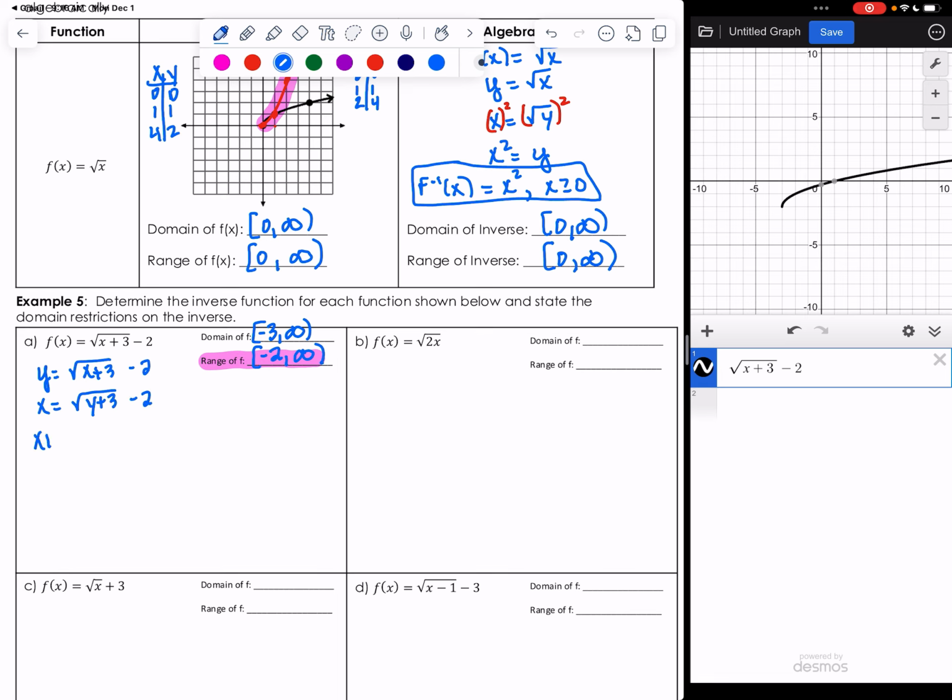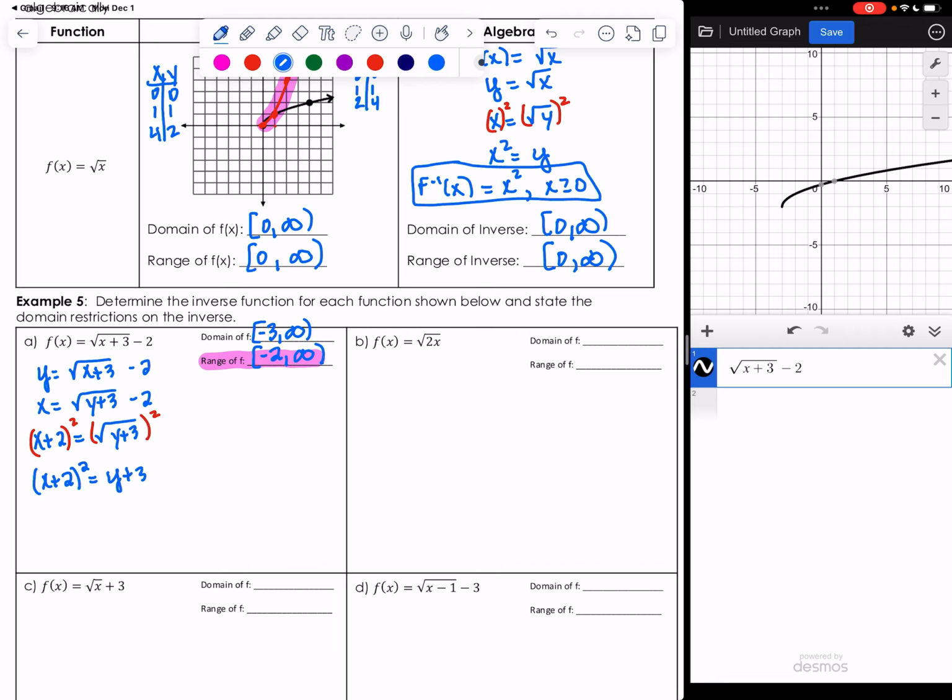Add the 2. x plus 2 equals square root of y plus 3. Now, to get rid of the square root, I'll have to square both sides. So I'll square this side and square this side. So that would give me x plus 2 quantity squared is equal to y plus 3.